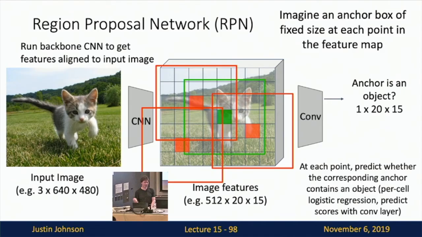So this will be a binary classification problem, so we need to output a positive score and a negative score for each of these anchor boxes.